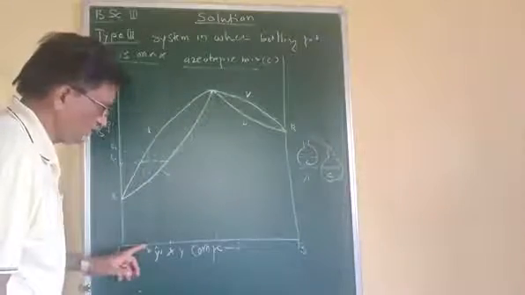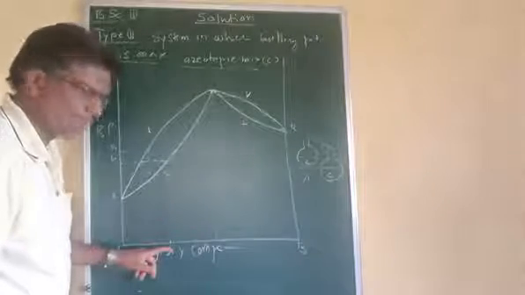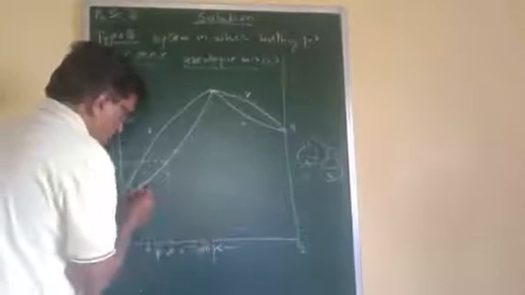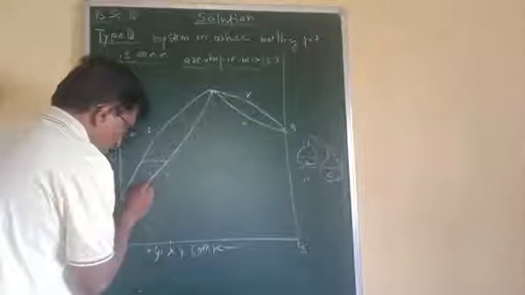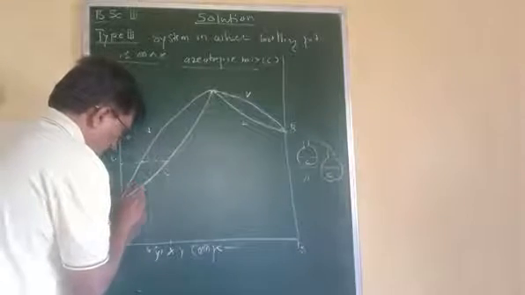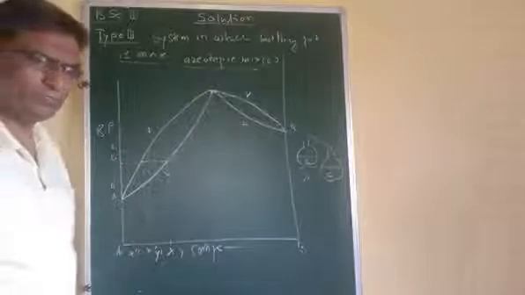Now, if you consider the condensate of this first stage, that is X dash, and take that condensate in a distillation flask, it will boil at this particular temperature T1 dash. The vapor coming off will have this composition, and if we condense these vapors, the condensate will have this particular composition.